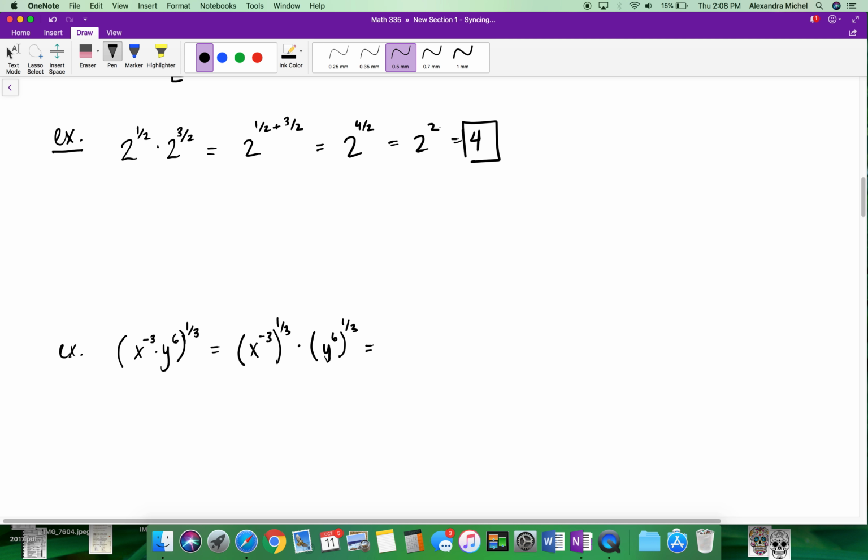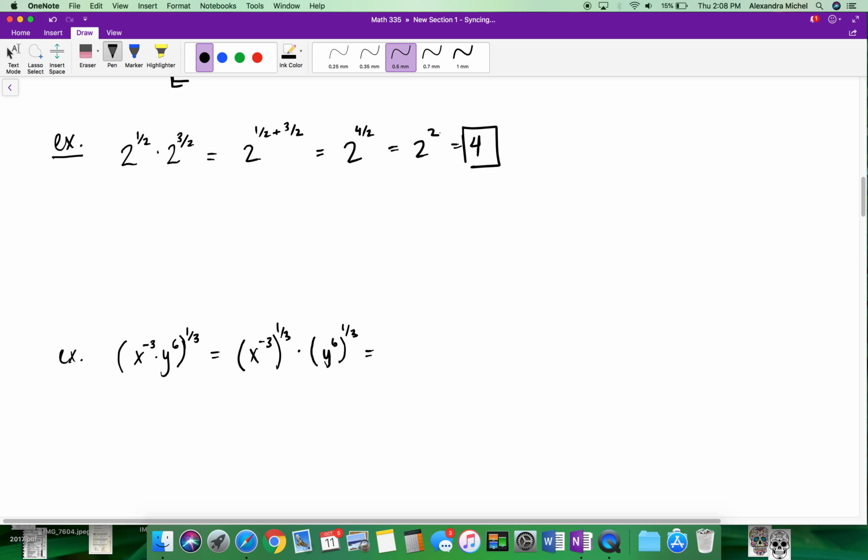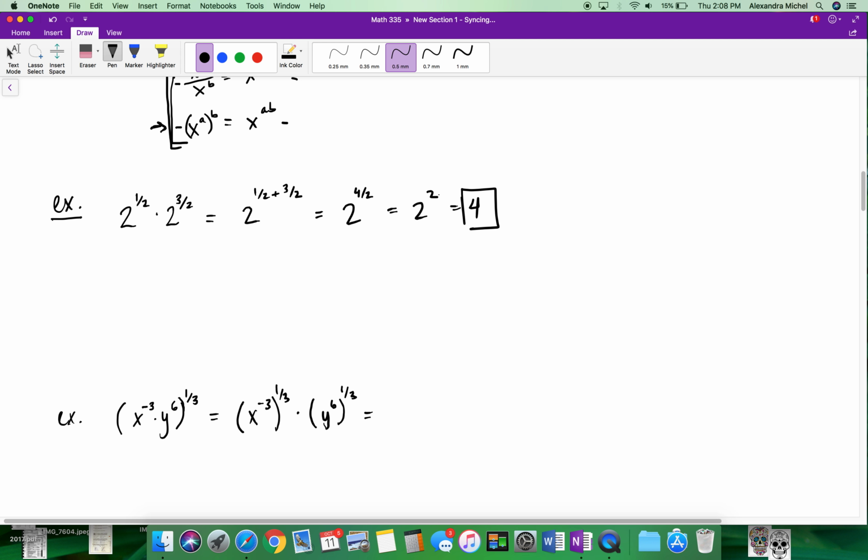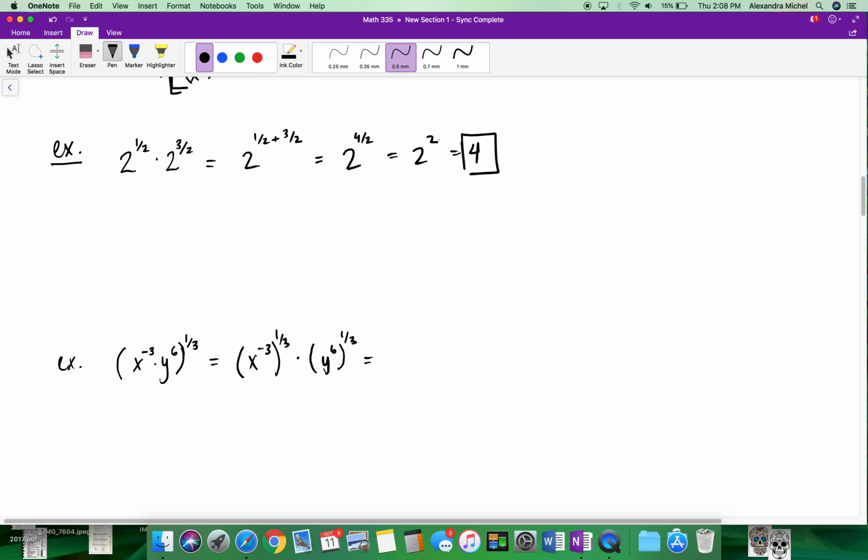So now I can use my third rule that I see over here, and I'm going to multiply those powers. So I'm going to have x to the -3 times 1/3, so negative first power, times y to the 6 over 3. 6 times 1/3 gives us 2, so times y squared.